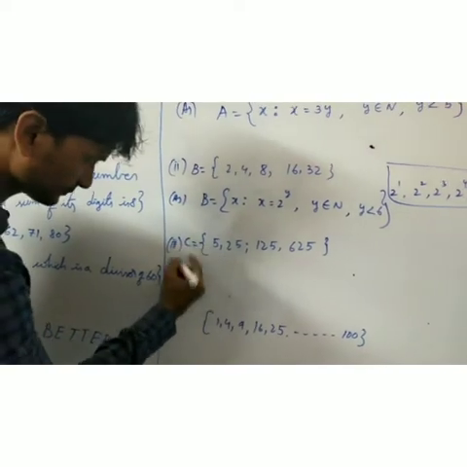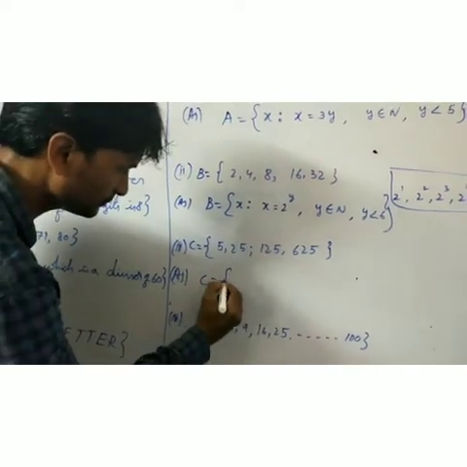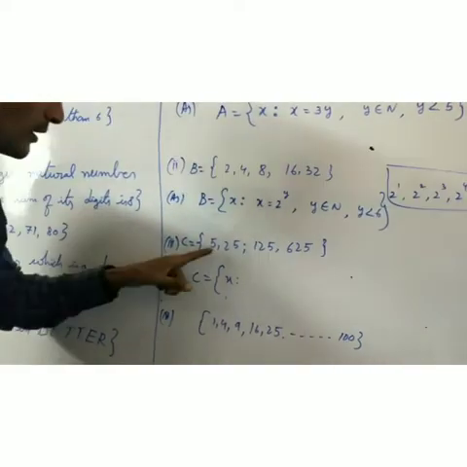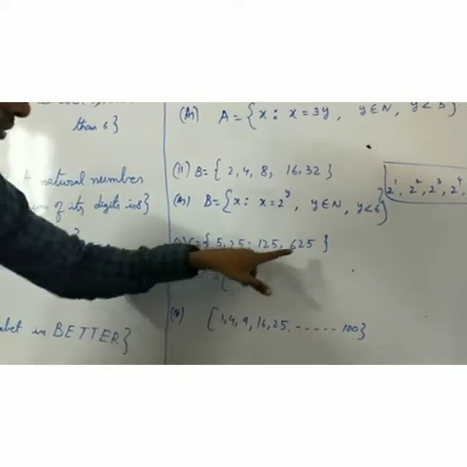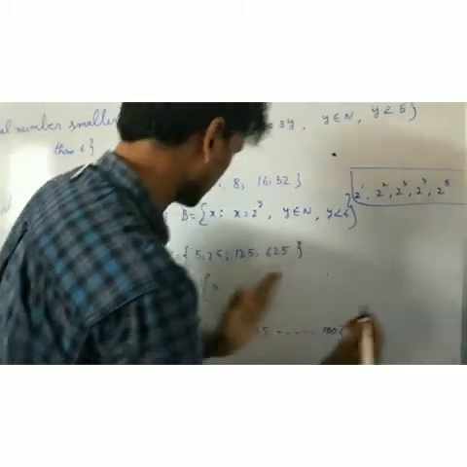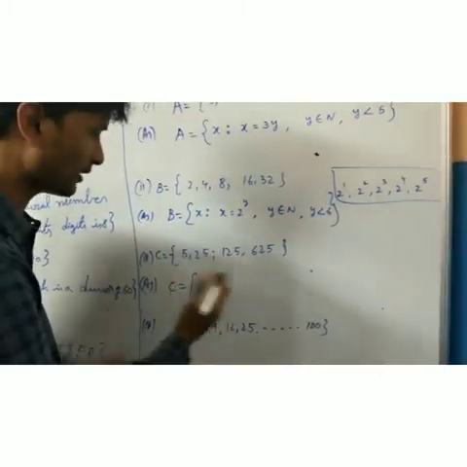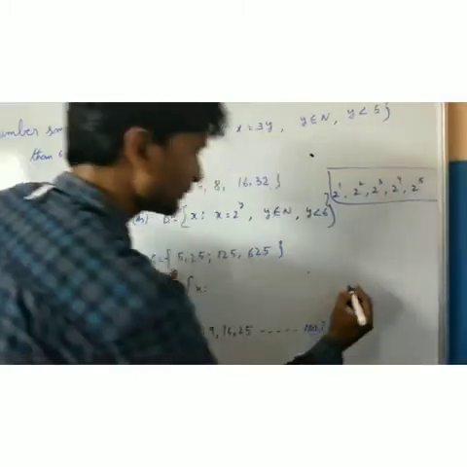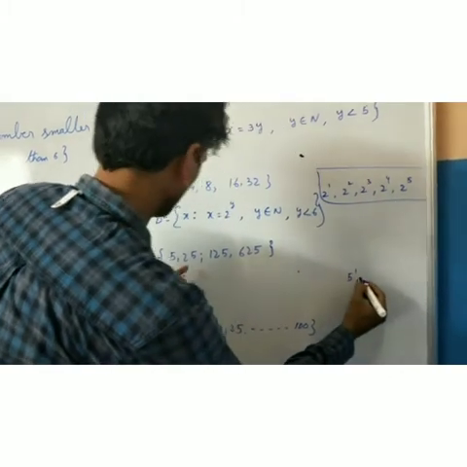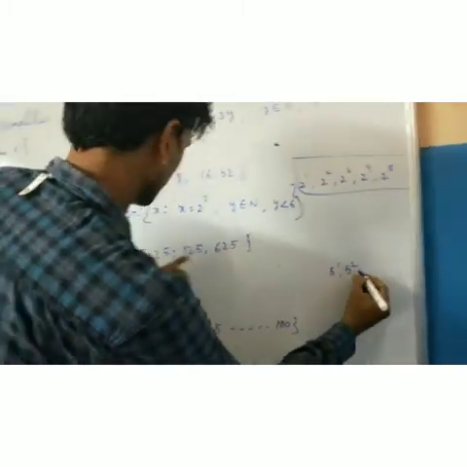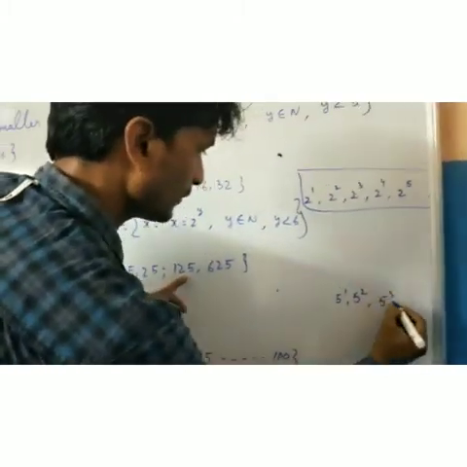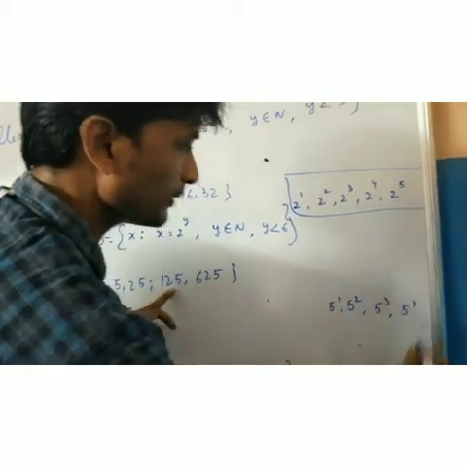Next one, let C equal to x is that 5, 25, 125, 625. It is given here. How to write? In the rough work, first we should divide the numbers to see if they are powers or not. So 5 power of 1, 5 square, 5 cube, 5 power of 4.